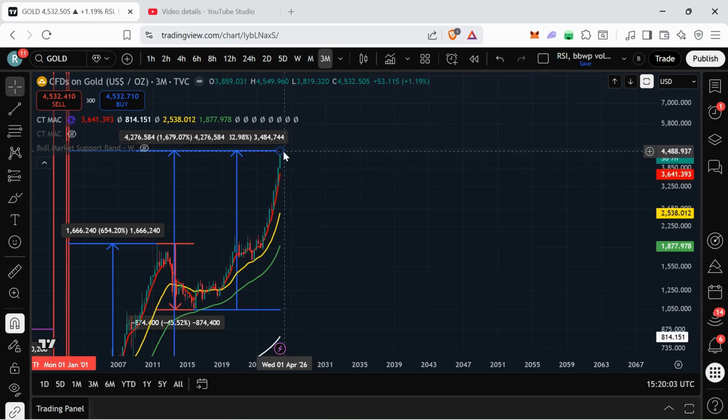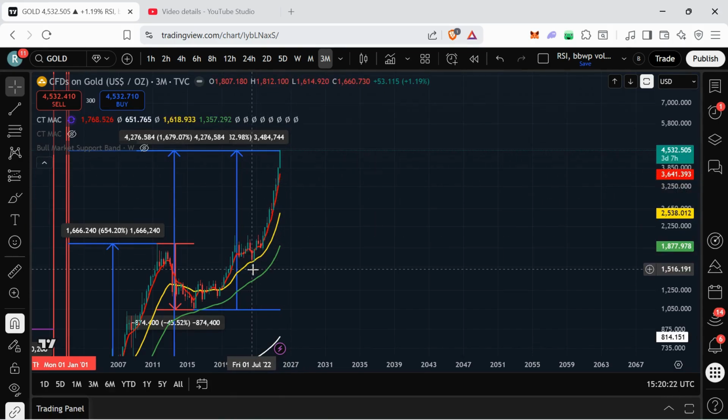I personally don't like buying gold or anything at all-time highs, even if I know that if I hold it for like 20 years, it's going to go up to 7,000. When you get this parabolic blow-off top looking chart, it's only a matter of time before it pulls back.